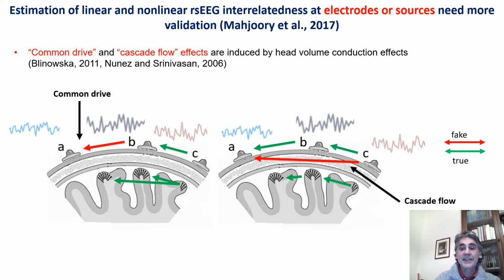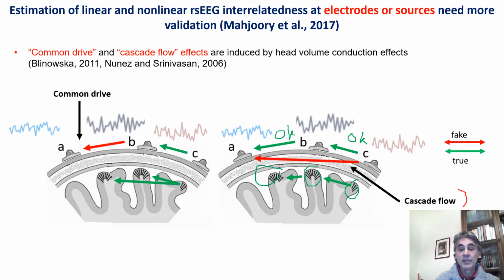We also have the cascade flow case. In the cascade flow case, for example, the source C is coupled with the source B, and the source B is coupled with the source A. But there is no coupling between the source C and A. When you use the techniques to estimate the interrelatedness of EEG activity at the electrode pairs, you can obtain true solutions corresponding to the source connectivity, as in the case of the interdependence between signals recorded in the electrodes C and B and A. But you can also find some fake solutions.